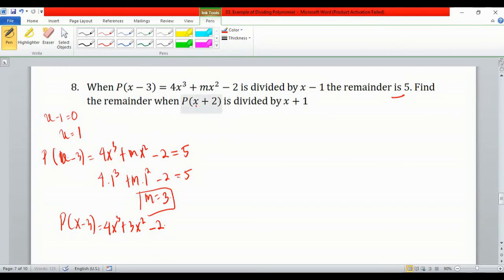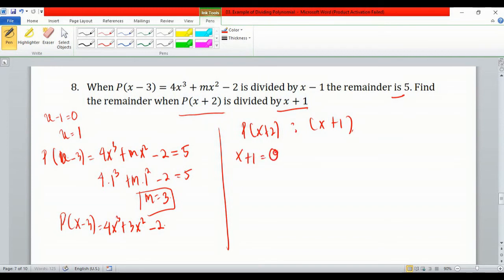Now we want to find p(x) plus 2 divided by x plus 1, everyone. So x plus 1 is equal to 0, right? x equals minus 1. And then you need to substitute this one into p(x) plus 2.